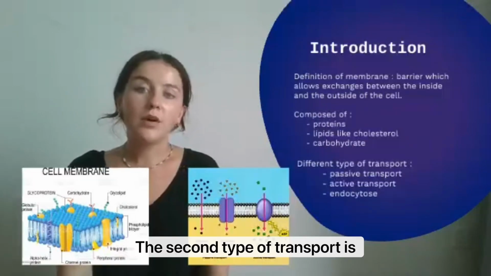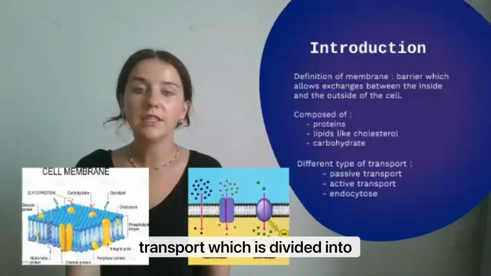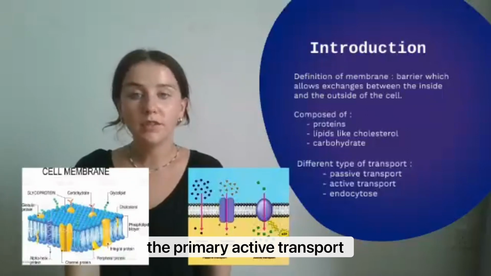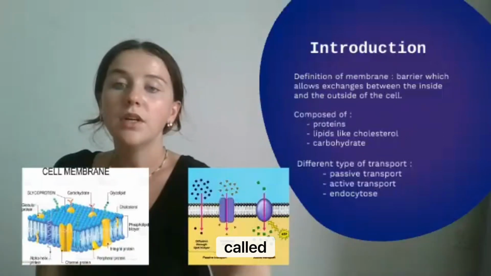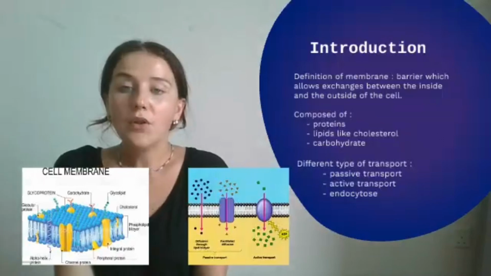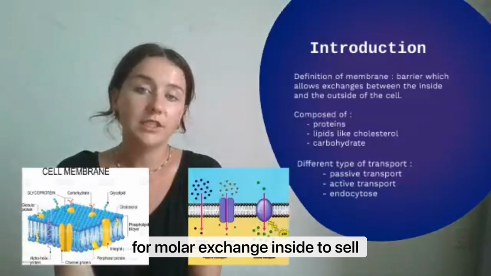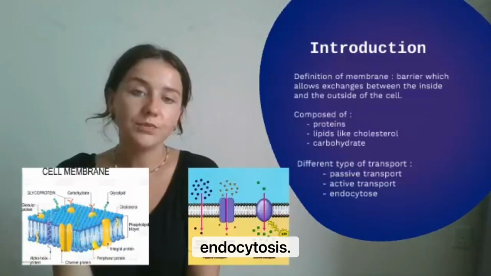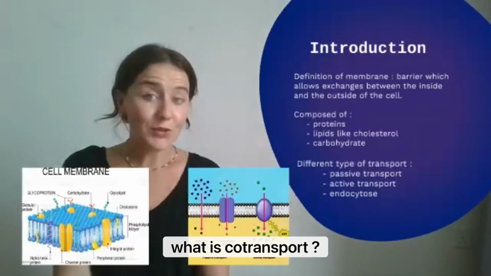The second type of transport is the active transport, which is divided into two categories: the primary active transport and the secondary active transport, also called co-transport. On the other hand, there are cellular transports for bulk exchange inside the cell, like endocytosis. We are particularly interested in what co-transport is.